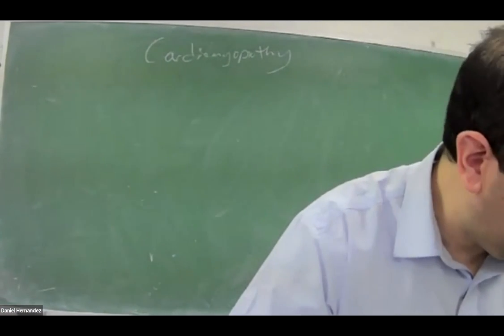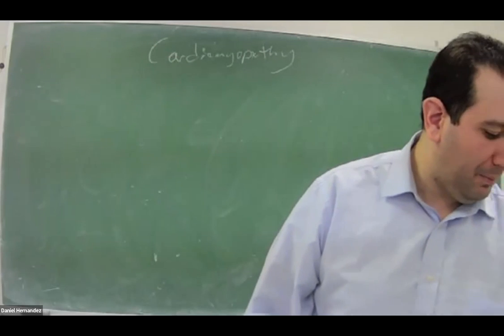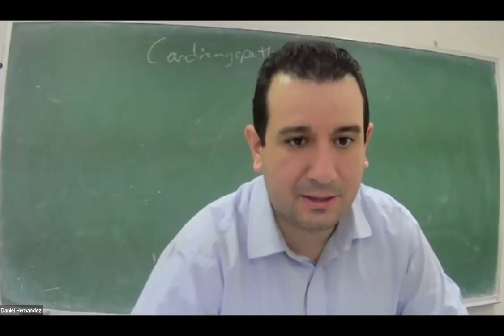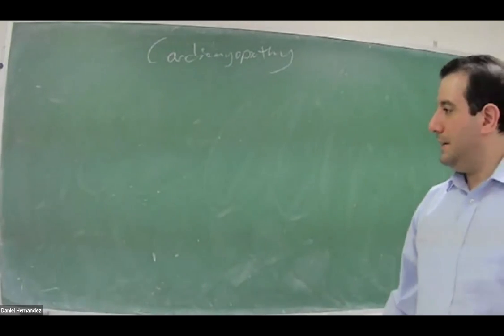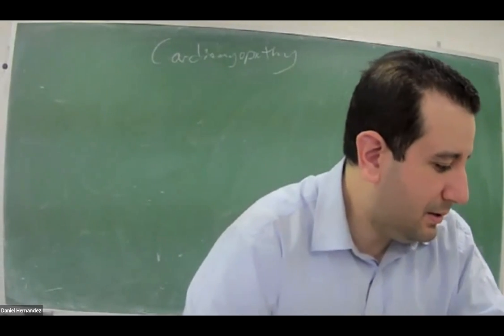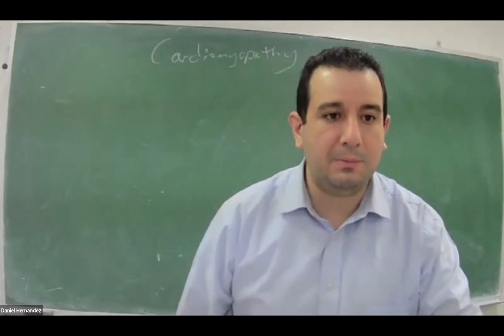It's a disease of what? Myocardium, yes. So it's a disease of the myocardium that's not associated with anything else causing it. So it's not associated with something like hypertension. It's not associated with valvular disease. So this is a disease of the myocardium itself, that's not caused by something else.